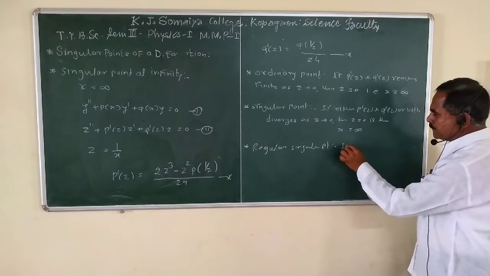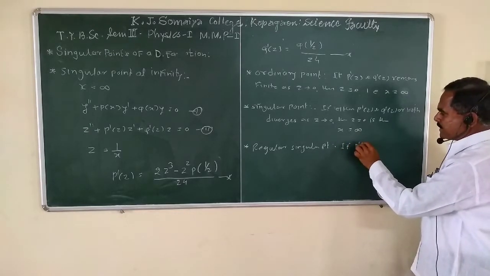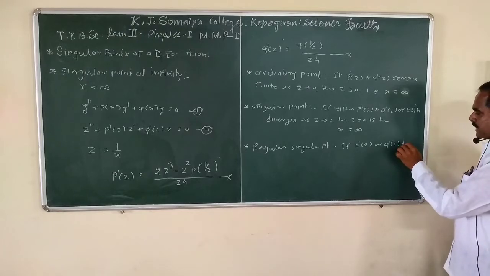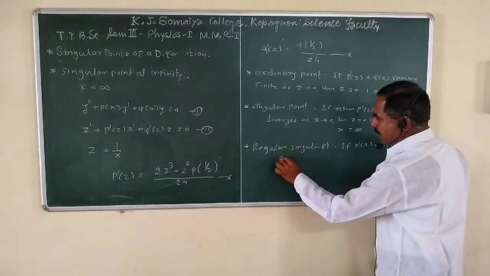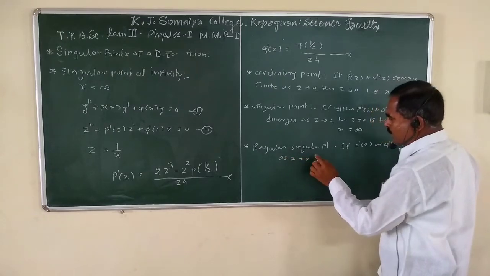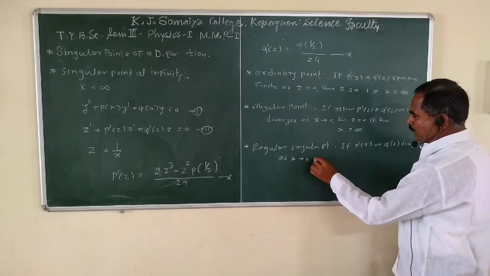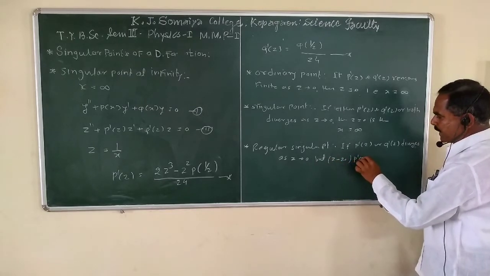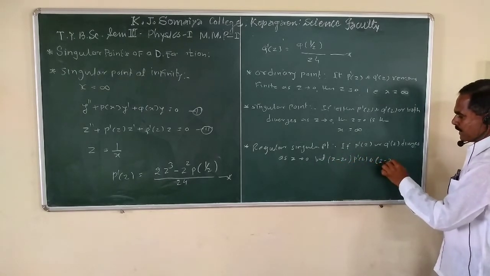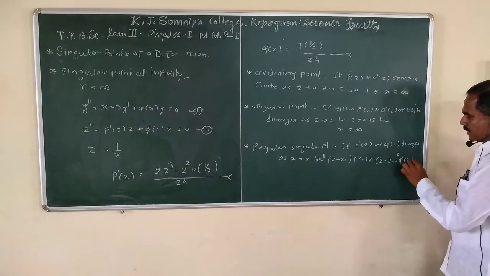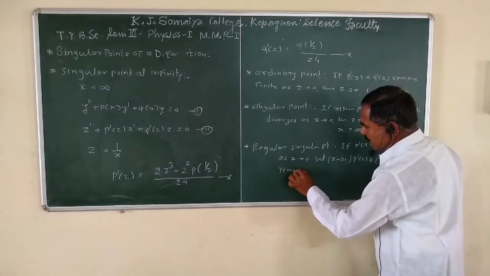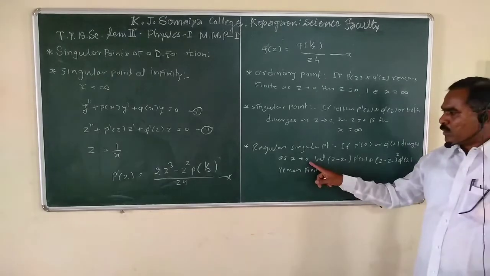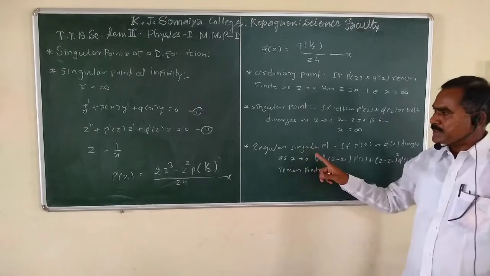For this, if P dash Z or Q dash Z diverges as Z tends to 0, but Z minus Z naught P dash Z and Z minus Z naught square Q dash Z remain finite, then we can say that Z equal to 0 is a regular singular point of the differential equation second.